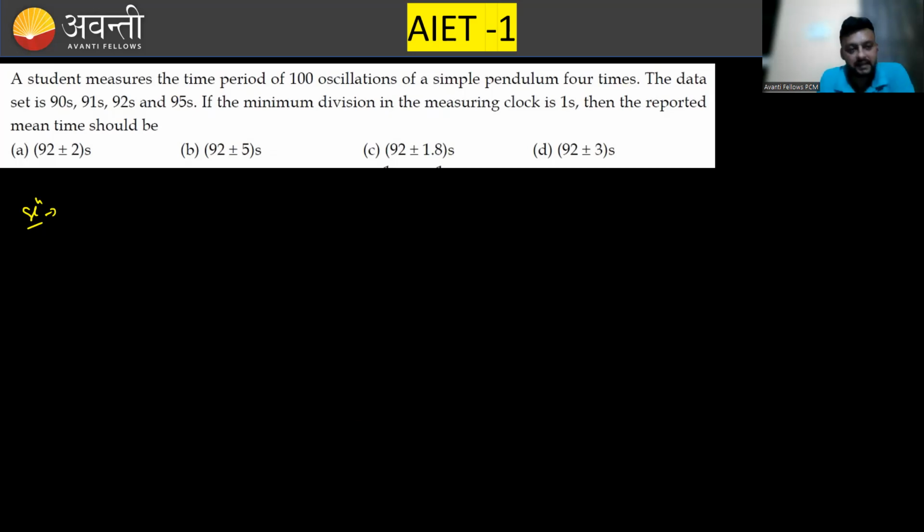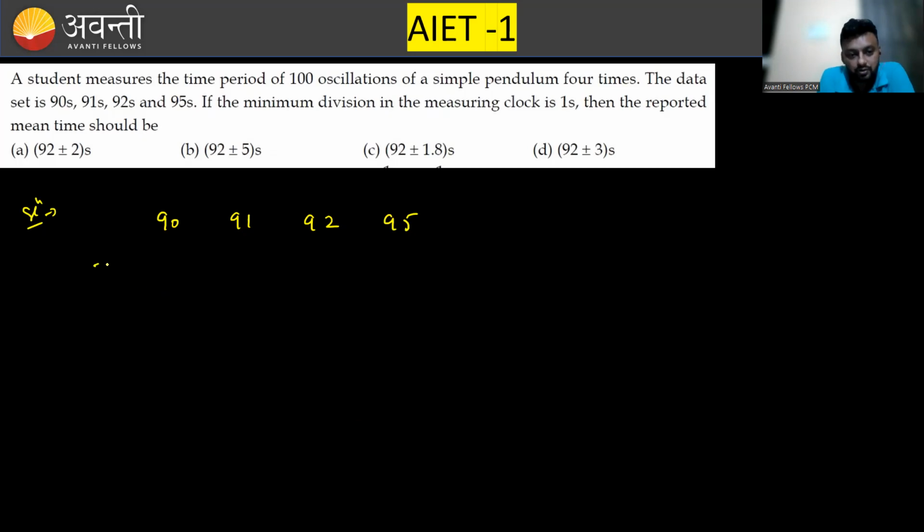The data set is 90, 91, 92, and 95 seconds. If the minimum division in the measuring clock is 1 second, then the reported mean time should be? First of all, these are the four values. So the mean time will be the true value.